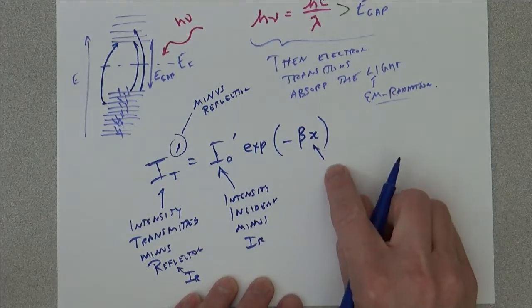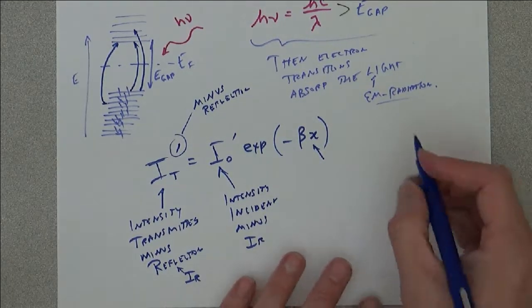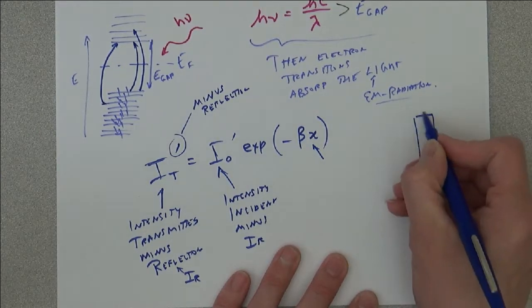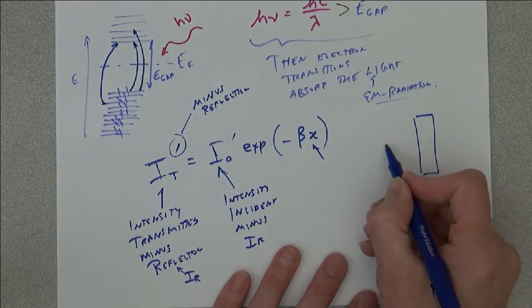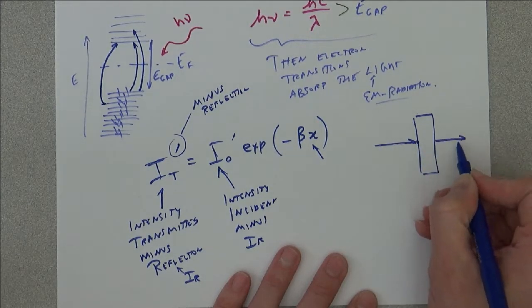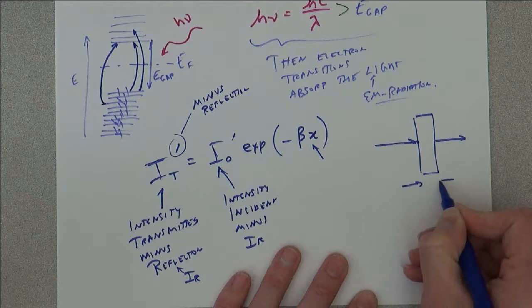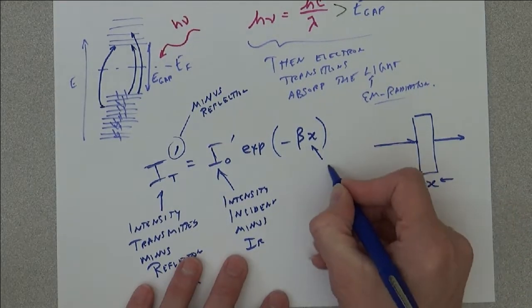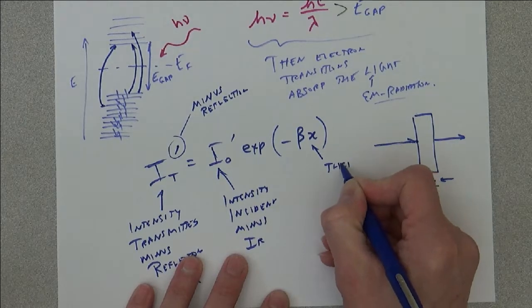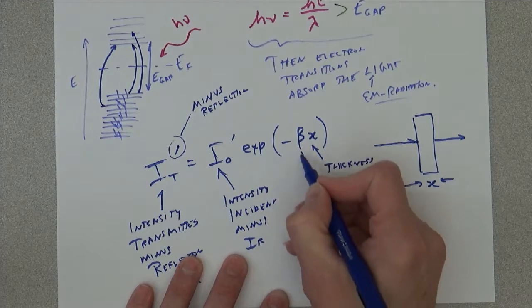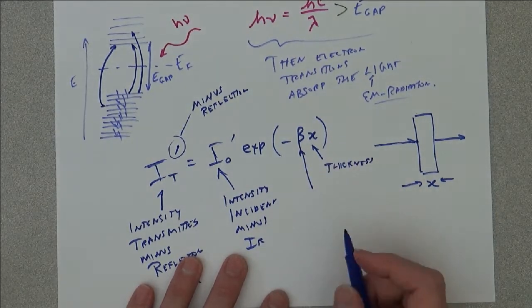That x is the width of the material that we're looking at. So for example, we've got some glass slide or sample, and that is the thickness. And that beta then is called our absorption coefficient.